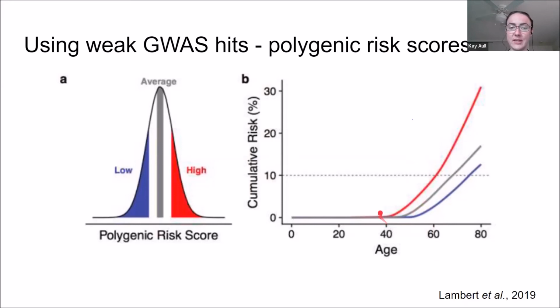Maybe you need to start your mammograms at age 40, but in the broader population, that would create too many false positives, and that would cause more harm than good by people trying to get treatments that they don't need or workups that they don't need. So this can allow you to use these sort of weak hits in order to make a useful prediction in the population.